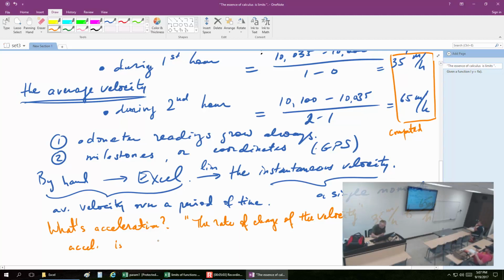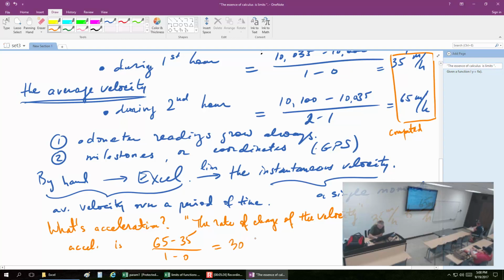So that's how I compute it: 65 minus 35, the last velocity minus the previous, and divide by time, which is once again the length of the period.